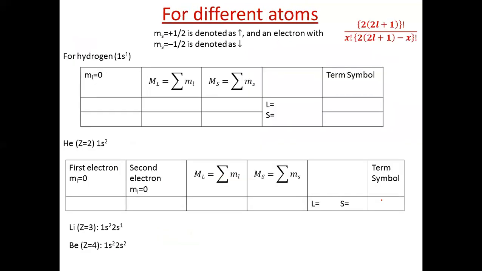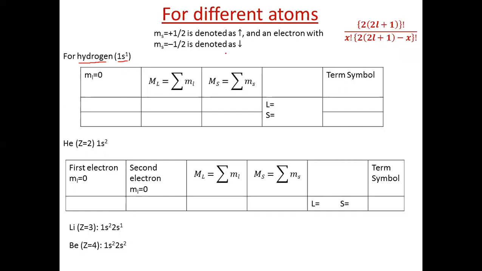Now let us apply what we know already to different atoms. Suppose we calculate the term symbol for hydrogen. Hydrogen has only one electron, so its electronic configuration is 1s1. Now let us calculate the number of microstates possible for this configuration.